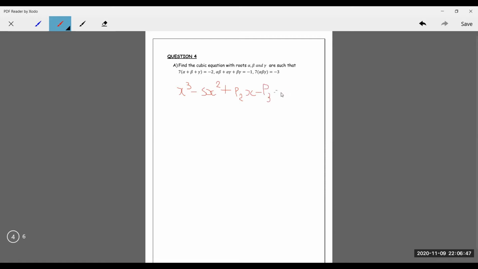So this is how we generally find the roots of a cubic equation.